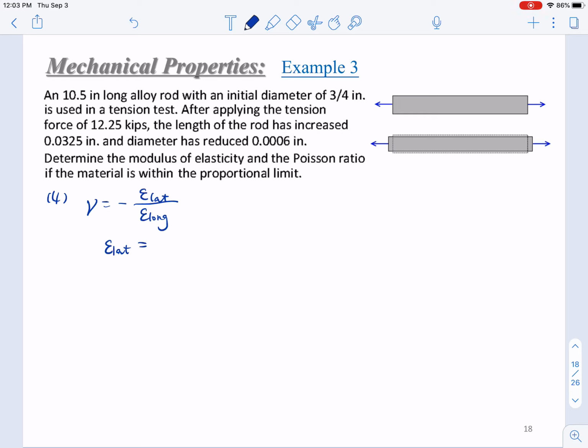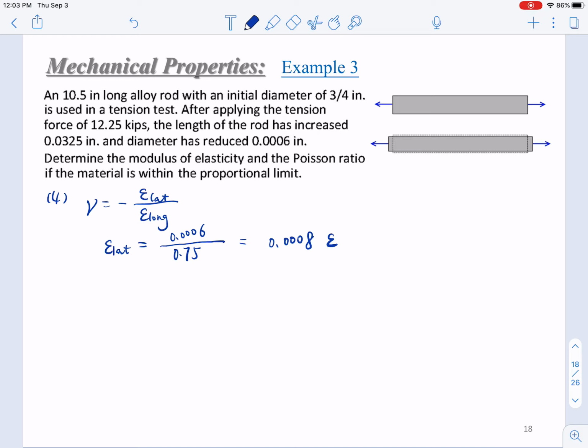We have known that the original diameter is 0.75, and it's reduced 0.0006. So we can get 0.0008 strain. So this is the lateral strain.